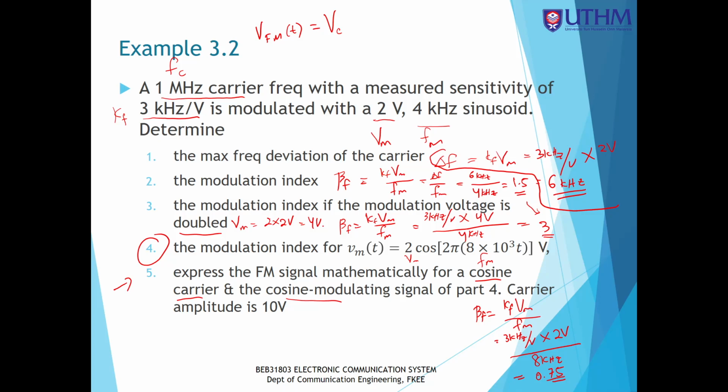So you just need to change from sine to cos. So cos, in big bracket, remember this is 2 pi fct, plus this is beta f. Cos, the cosine modulating signal becomes a sine.